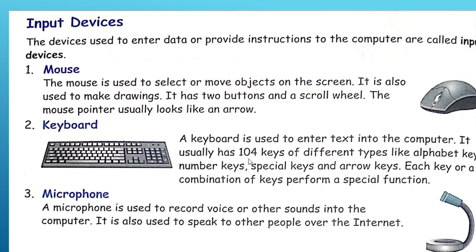It usually has 104 keys of different type like alphabet keys, number keys, special keys and arrow keys. Each key or a combination key perform some special function. It means through this keyboard you type something which has text or numbers.